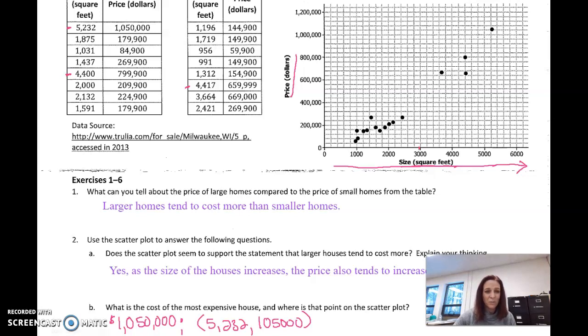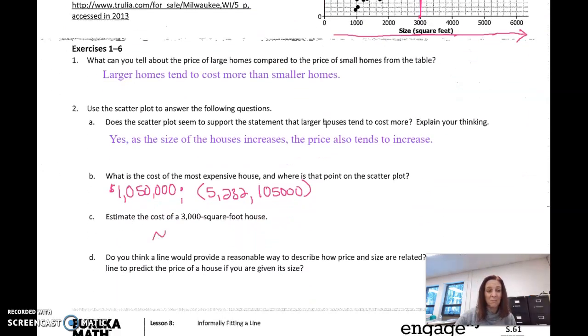So if I looked at 3,000 here and kind of went up and maybe kind of go in the middle here, right? I don't know. We say 2,000, how much are they going up by? I think it's like 40,000, right? So if I said it's in here, maybe it's like 320,000. I don't know. Something like that.